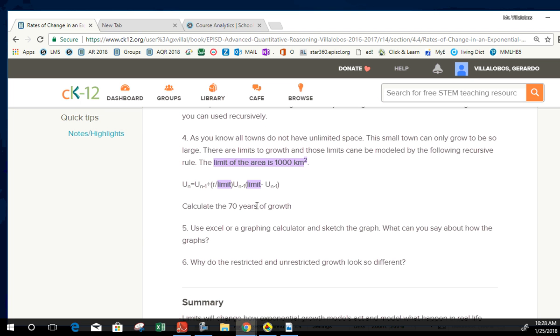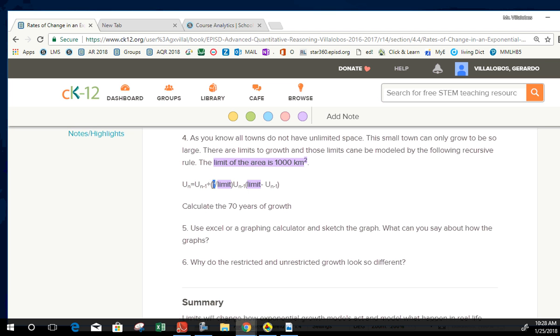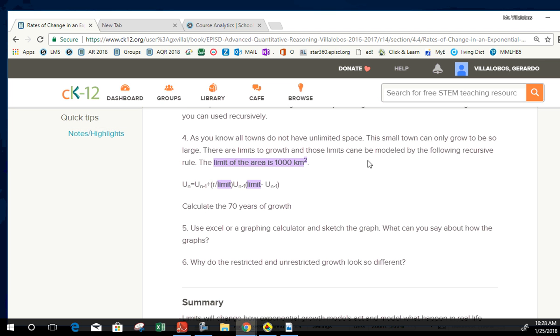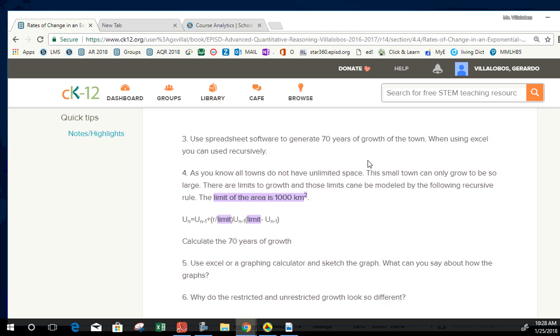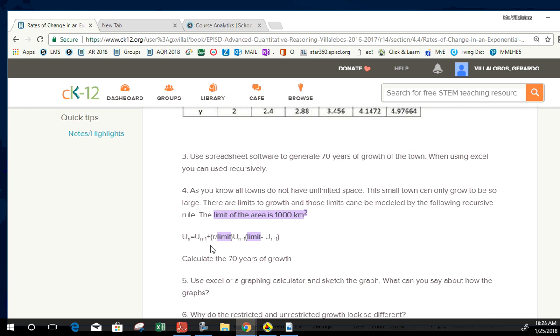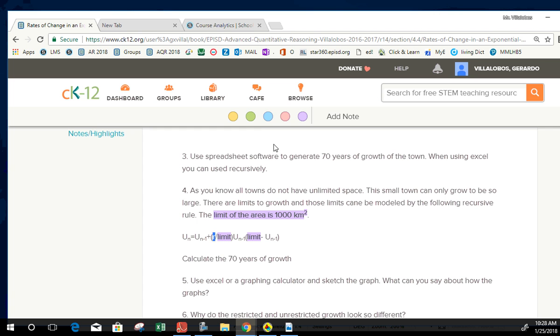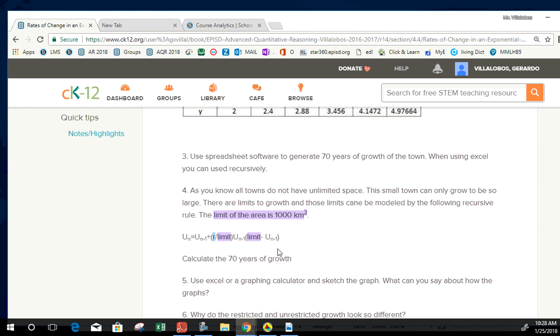And I can choose to put the actual number. And R is my growth rate, which in this case was 20%, so I'll put that R in blue. And U sub n minus 1 is the previous term.